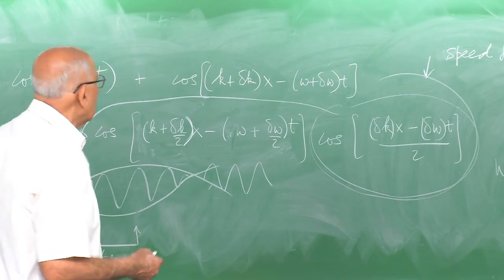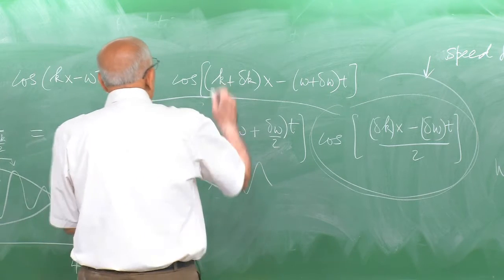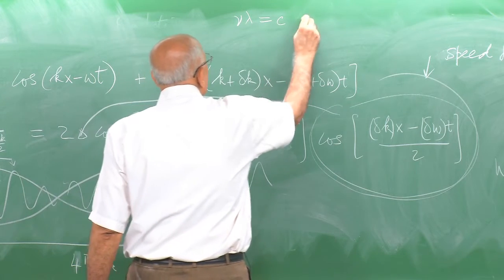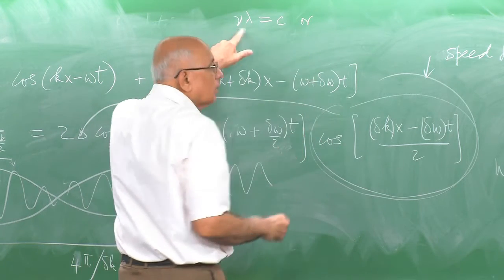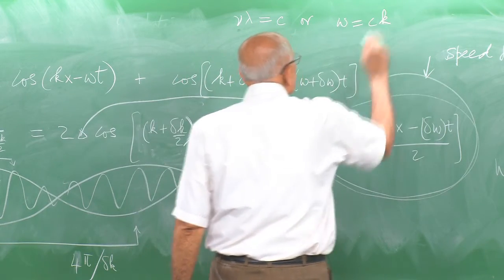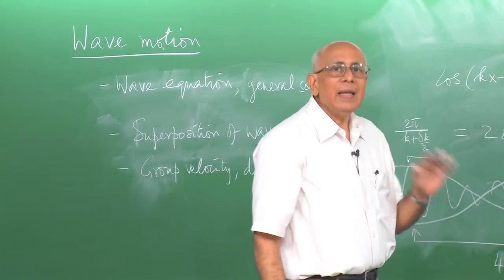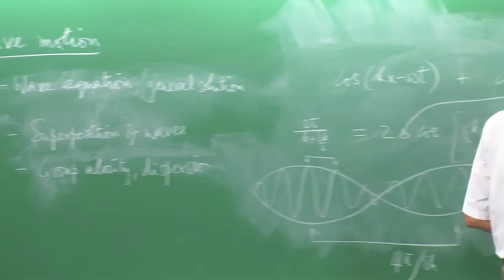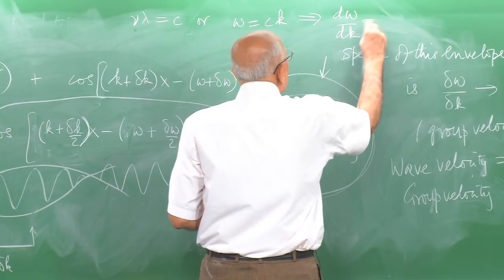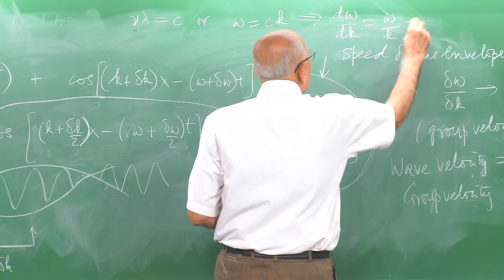In that case, the frequency and the wavelength are related by nu times lambda equal to c, or if I write it in terms of k, omega equal to ck. So, exactly the same relation. And once omega is a linear function of k, this will imply that d omega by dk equal to omega by k equal to c.